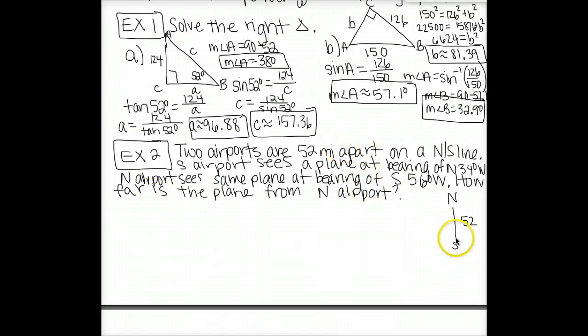So that means from the south airport, I'm heading to the north, so I'm going this direction, and then I'm going to turn to the west, and I am turning 34 degrees. So this is 34 degrees.